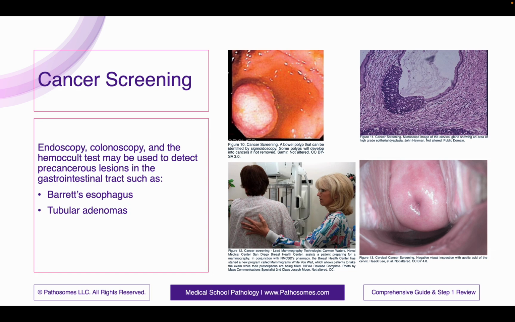To the right of that, we see a cervix with no visual lesions that I can see. They sprayed it with acetic acid, and nothing really stands out. Good for them. And above that, in the top right, figure 11, we can see a microscopic image of the cervical gland showing an area of high-grade epithelial dysplasia. That's why we screen.